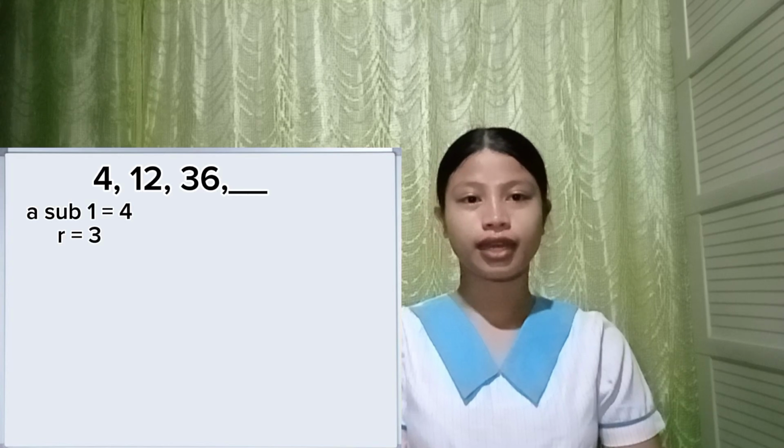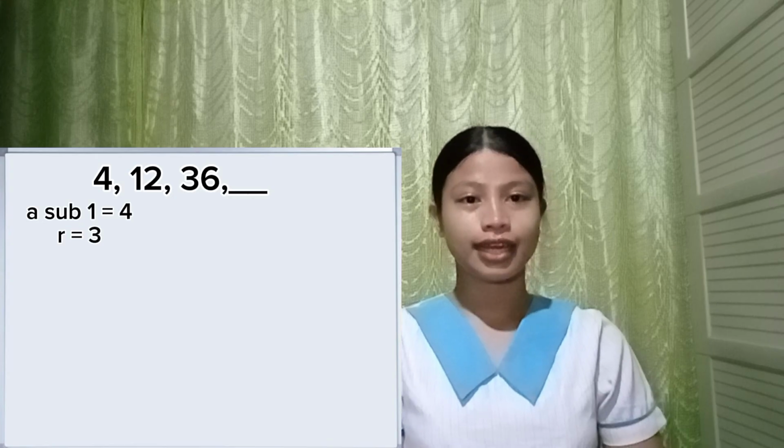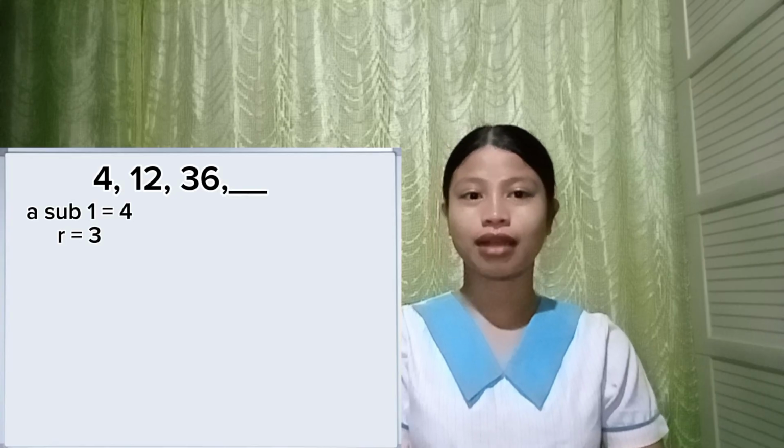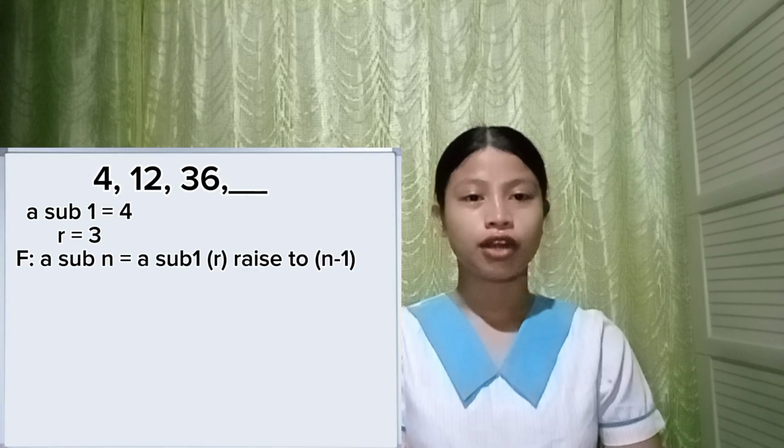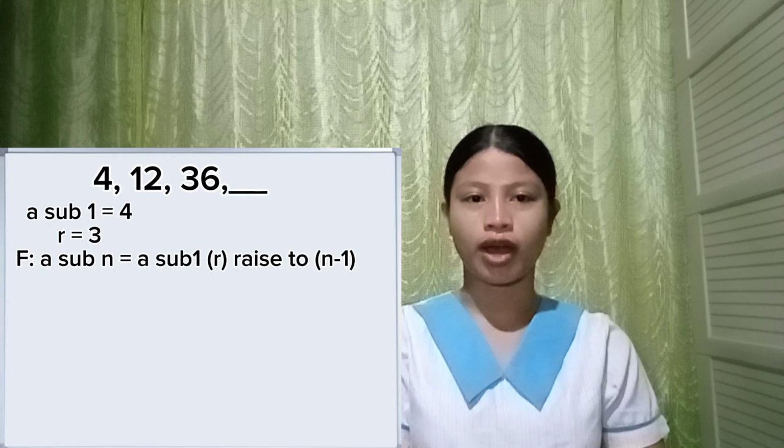So let's proceed to find the fourth term, because the a sub 1 and the ratio are given. So our formula is a sub n is equal to a sub 1 times r raised to n minus 1.